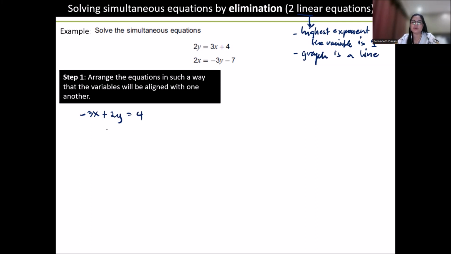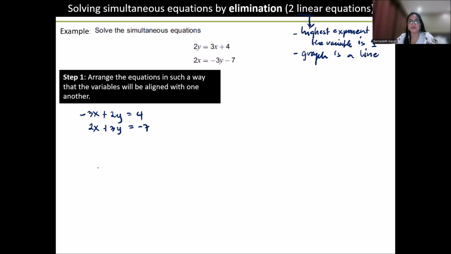Okay, so this is the first equation. Then next we have 2x. Then we will transfer the negative 3y, so this is going to be plus 3y is equal to negative 7. Okay, so as you can see, the x's are aligned with one another. The y's are also aligned with one another.